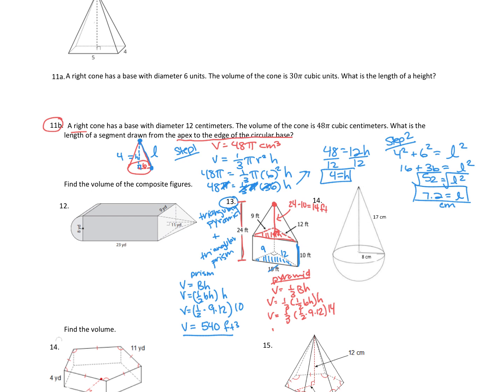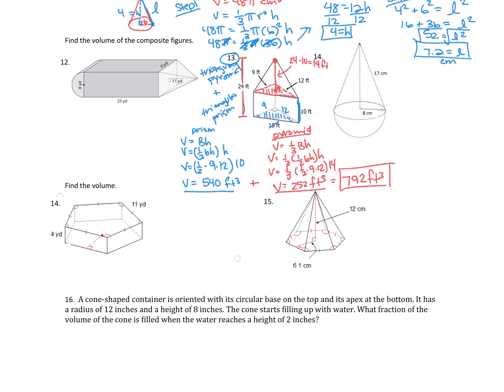This time when I put my 1/2 times 9 times 12 times 14 divide by 3, I should get 252 feet cubed for my pyramid. I'm going to add them together to get a total volume of 792 feet cubed for this whole shape that we have there.